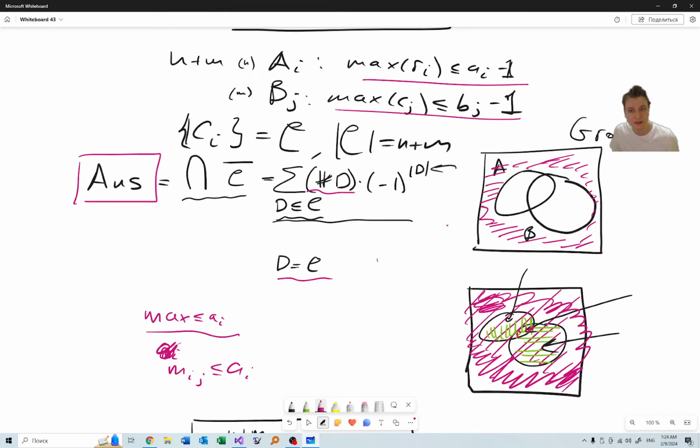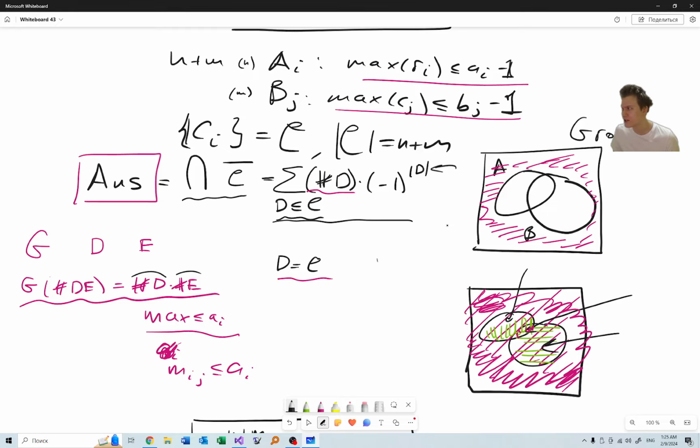So for example, I have some ground set G, I have some condition D, and I have some condition E. And sometimes it's true that G times DE is the same as D times E. This is called independence of these two events.